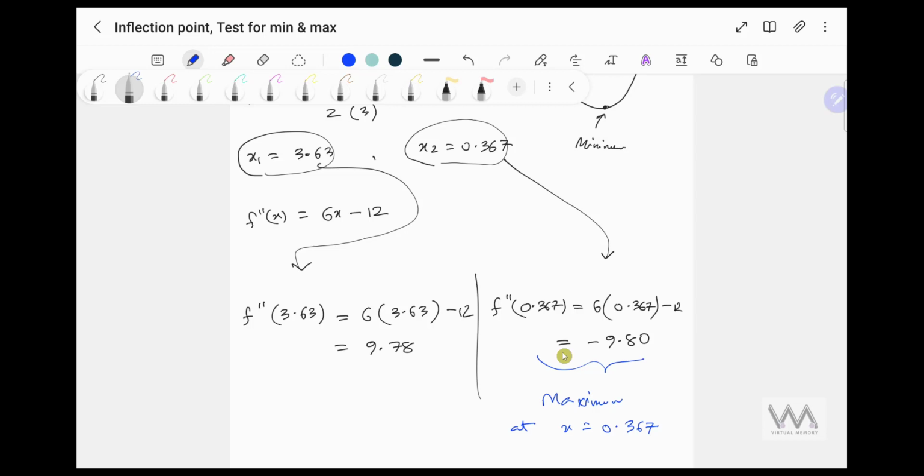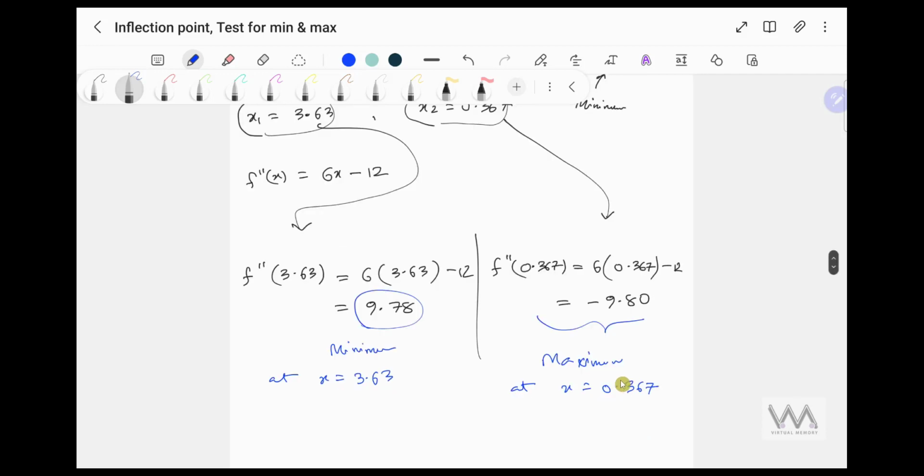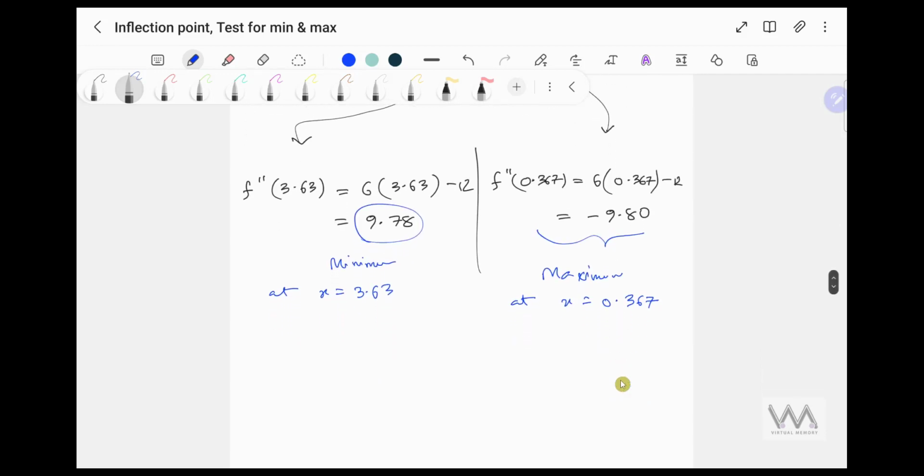We have here greater than 0, so this is a minimum at x equal 3.63. So maximum when x equals 0.367 and minimum at x equal 3.63.